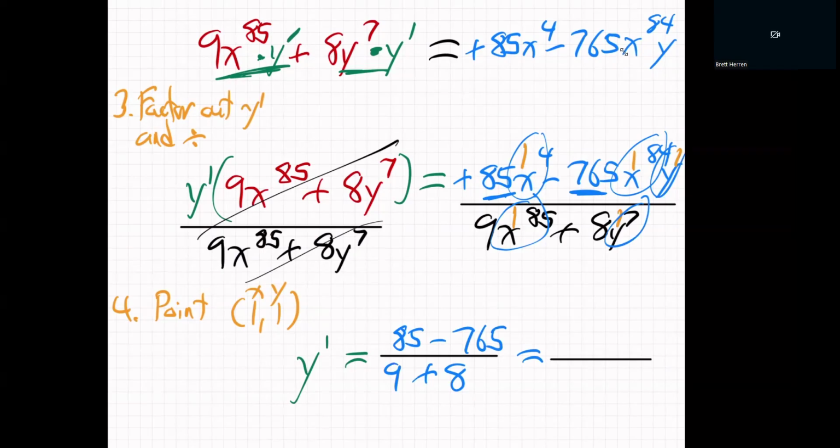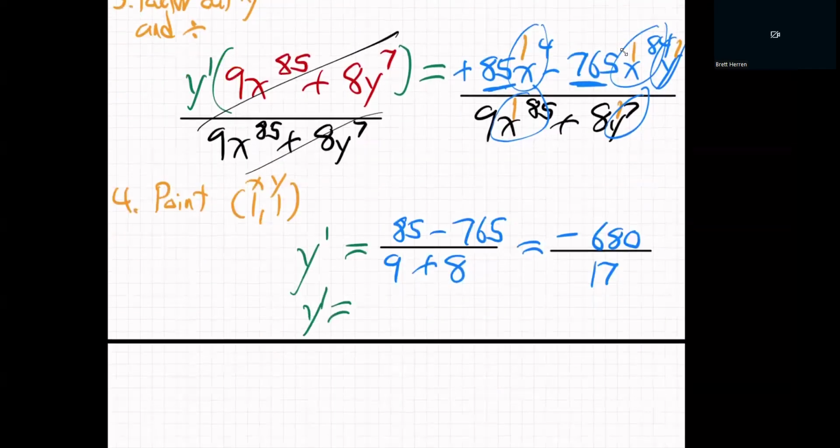And so what is that? Minus 680, I think, over 17. If you divide that on your calculator, doesn't 17 go into 680 40 times? So it's negative 40.